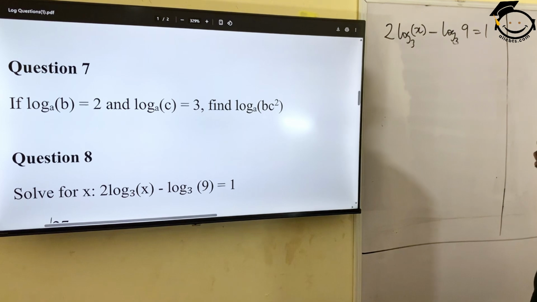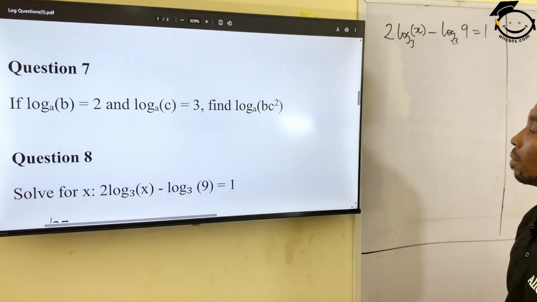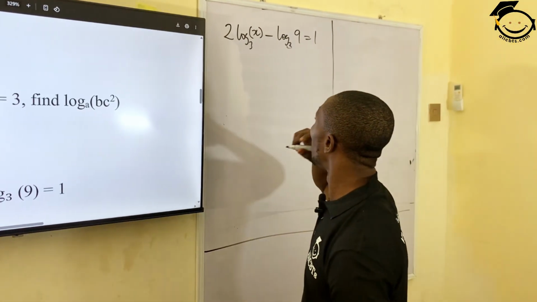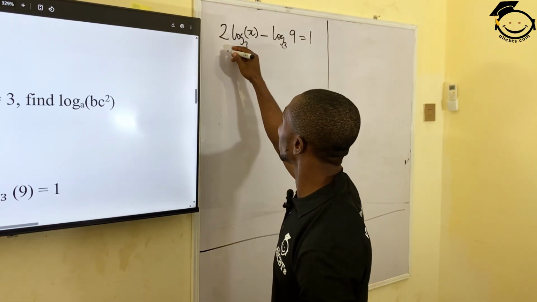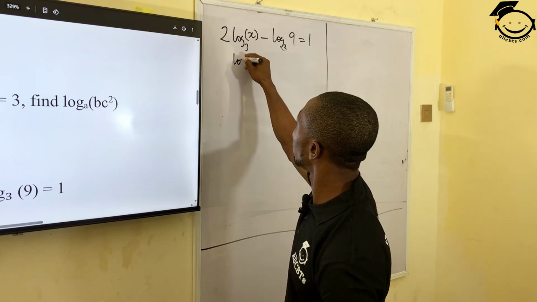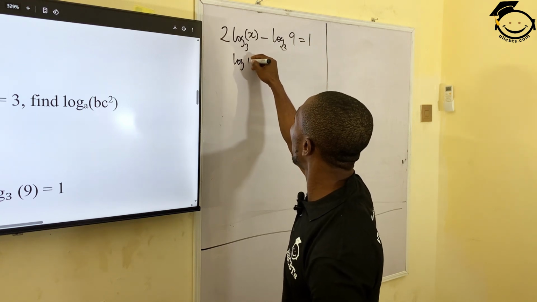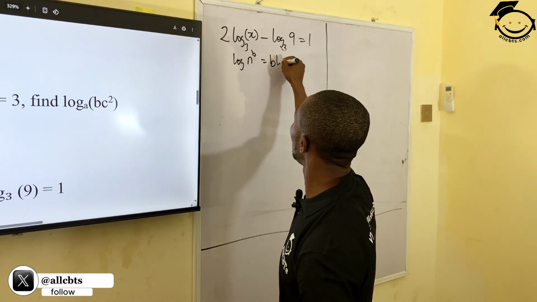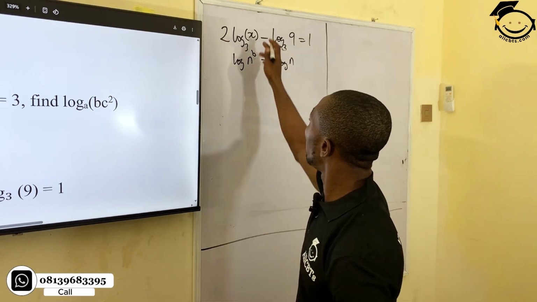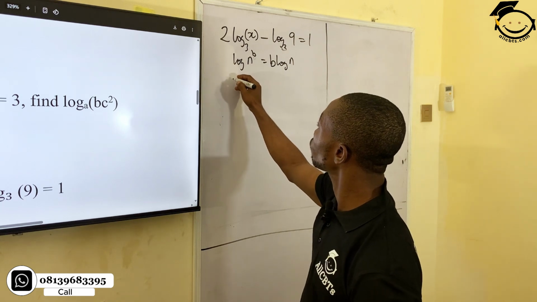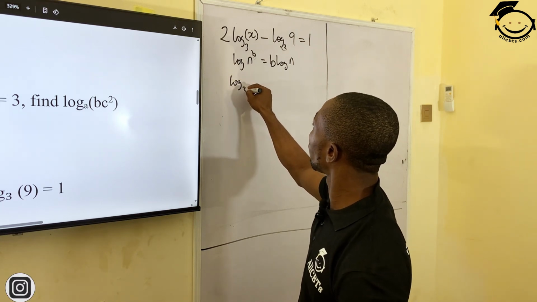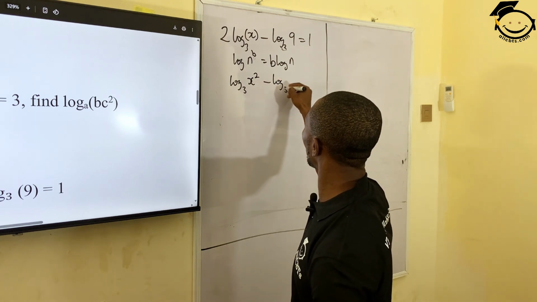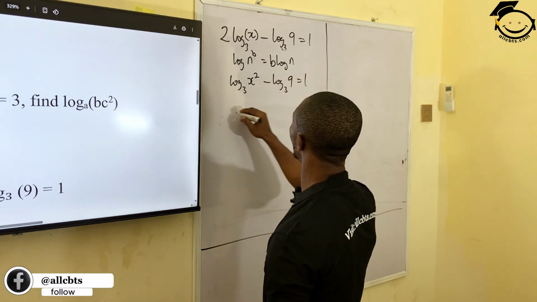Solve for x: 2 log 3x minus log 3, 9 equals 1. Now, if we apply the law that says log n raised to the power b equals b log n, this becomes log 3x squared minus log 3, 9 equals 1.